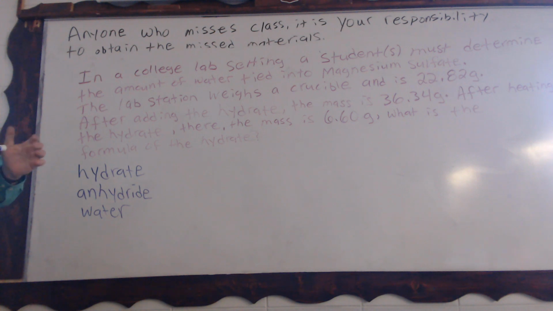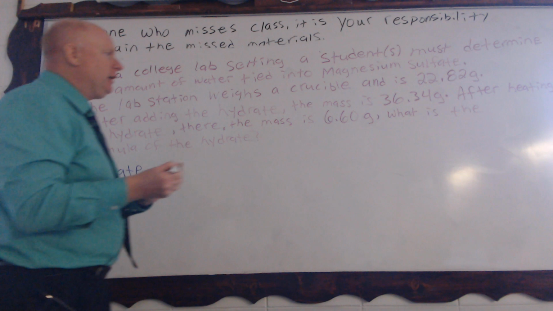What is the formula of the hydrate? And if I was sitting on your side, I'd say I have no idea where to start. After maybe about 4 steps. So step 1, first of all, what is magnesium sulfate?